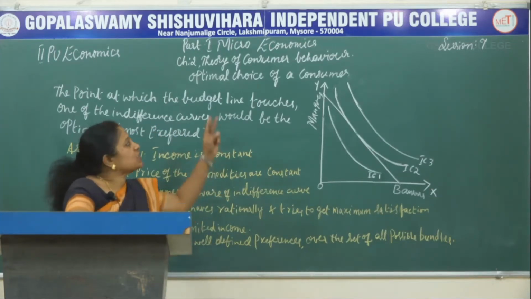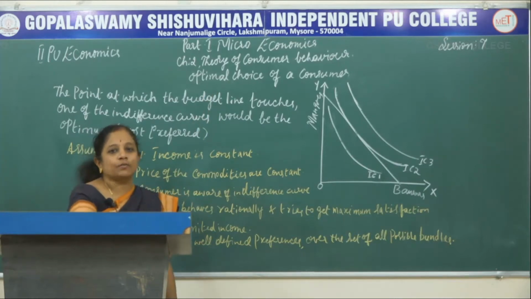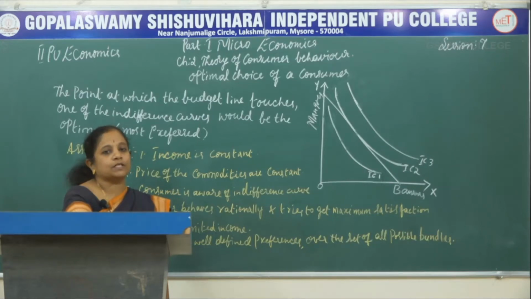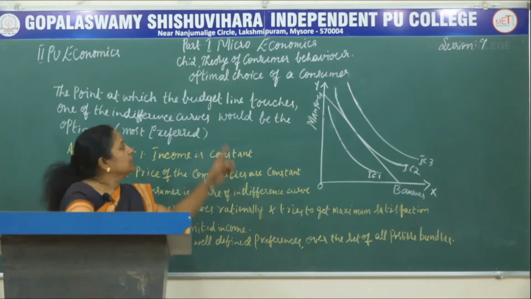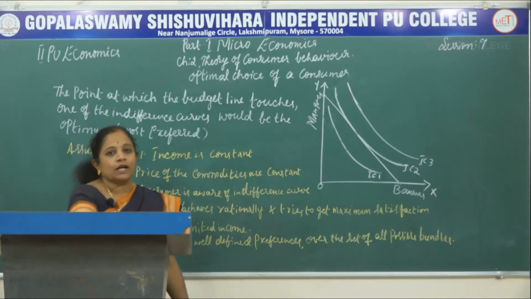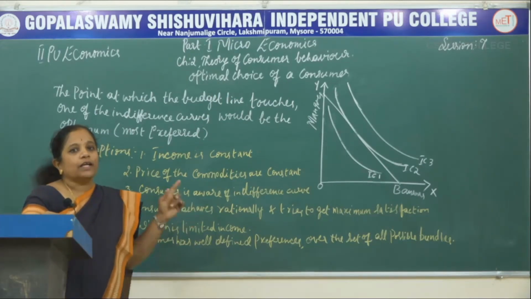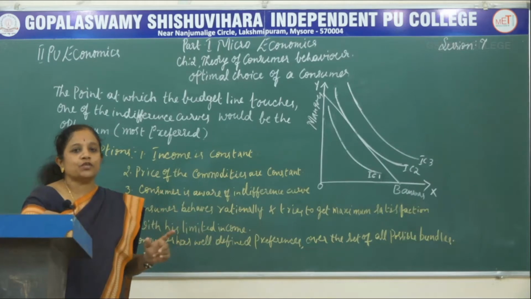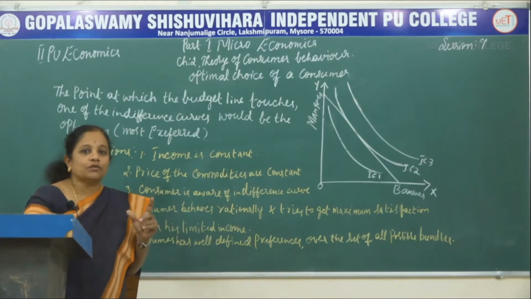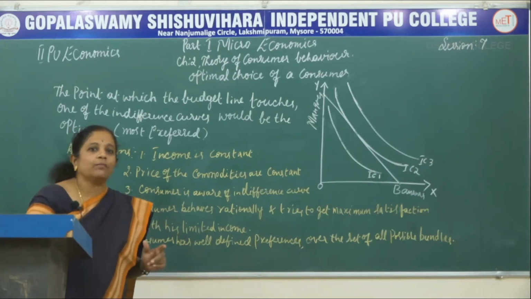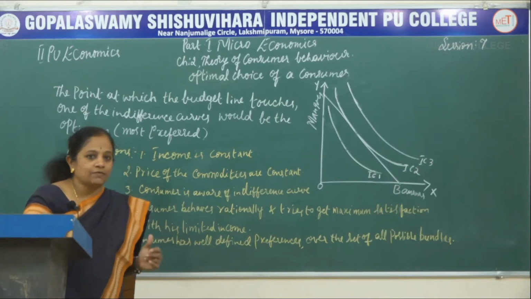In today's session of the theory of consumer behavior, the second chapter of microeconomics, let us learn about the optimal choice of a consumer. The optimal choice is one in which the consumer prefers to buy the combination of two products which gives him the optimum level of satisfaction.